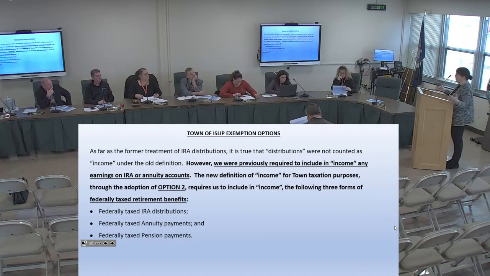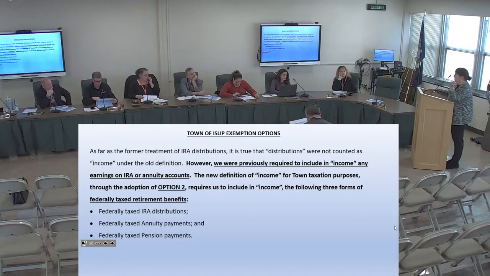Whereas a different approach was taken at the town level, but predominantly, if you read the resolutions at the town level, it was also to ensure that 3 forms of federally taxed benefits, retirement benefits, would all be similarly treated.